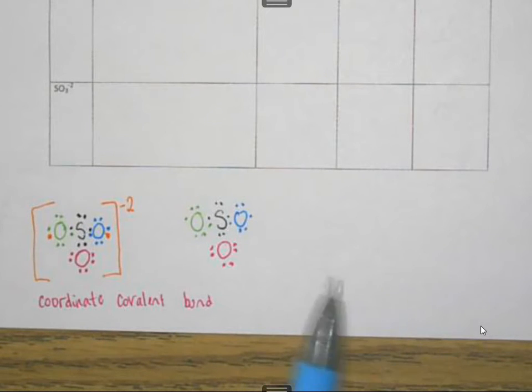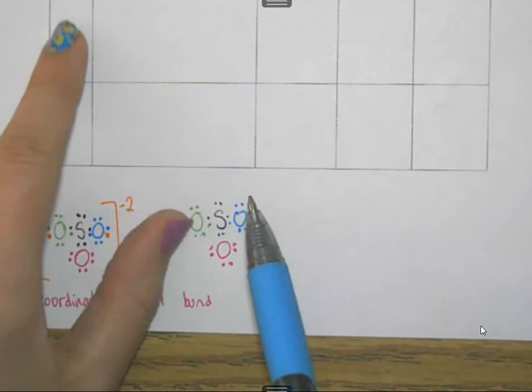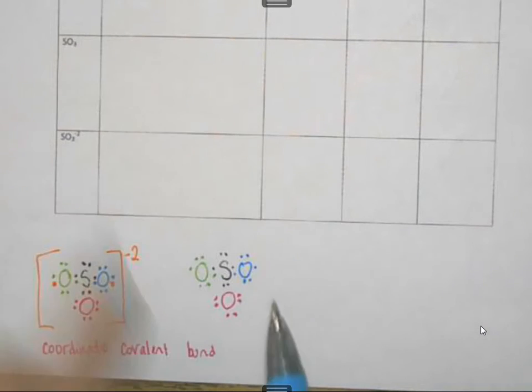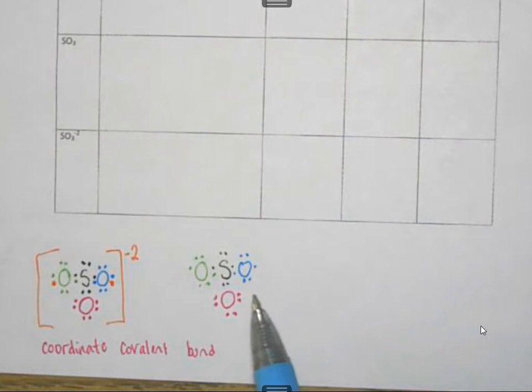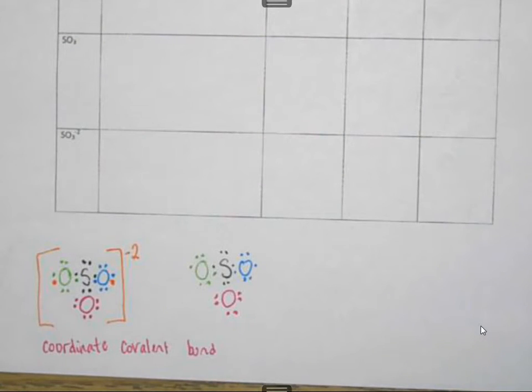So, for the top one, for the SO3 up here, can I just simply put in 2 extra dots, slap some brackets around it, and call it done? No. Some people are saying yeah, and some people are saying no. Actually, no. Why not? It doesn't have a negative symbol. Follow the laws, yo. If there's no charge up there, can I add anything or take anything away?